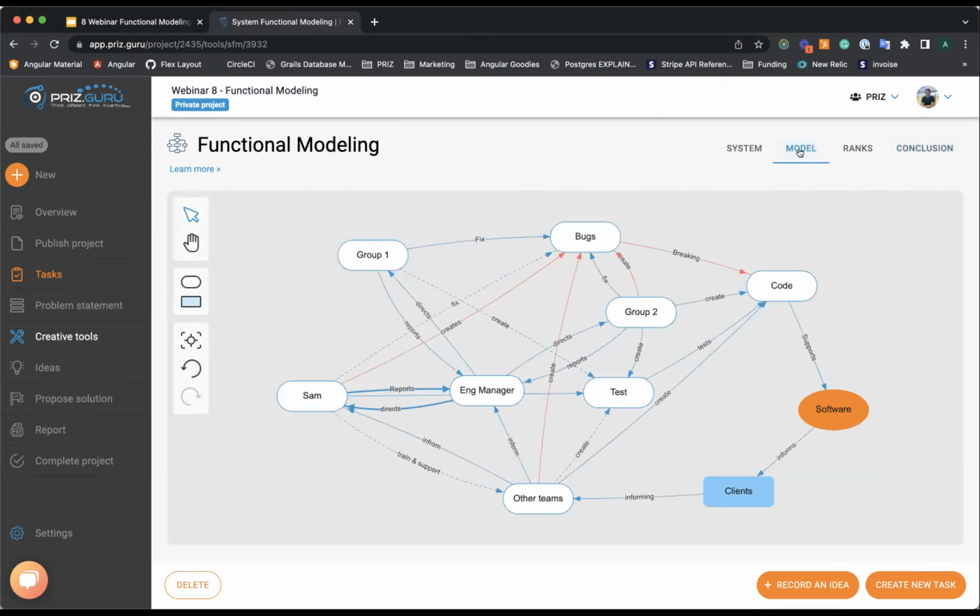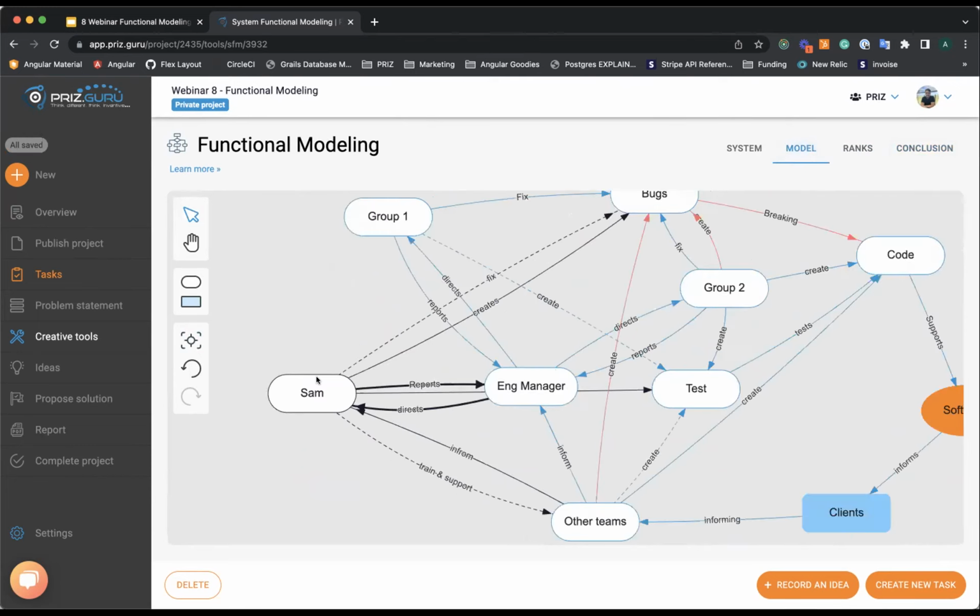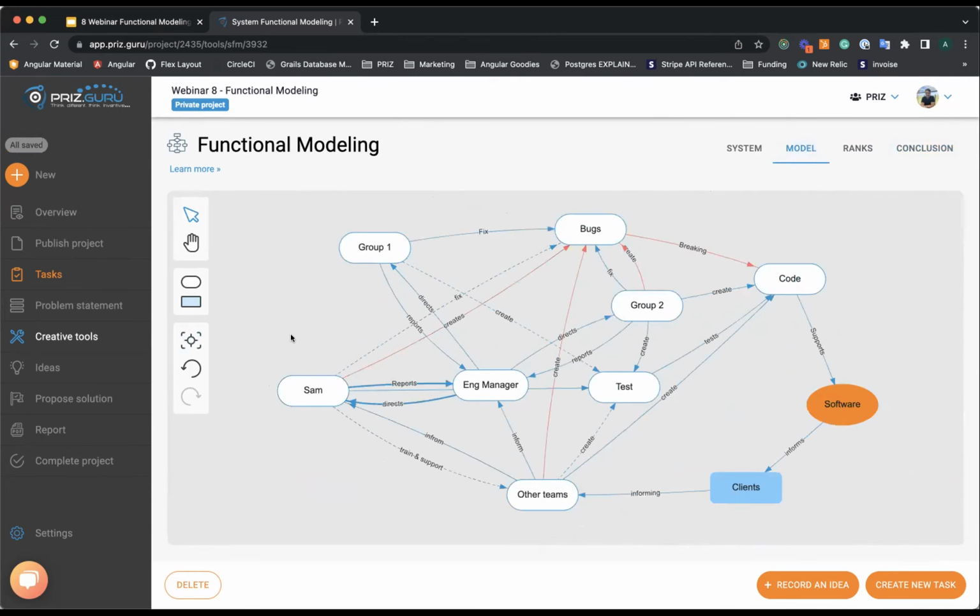Now, what can we do with that? What can we do to make Sam more useful, less harmful, except firing? If you're looking at this model and what he's doing and how he does things. Best thing he does is reporting to the manager. Yeah, I have to say he does it pretty well. But too much, isn't it?